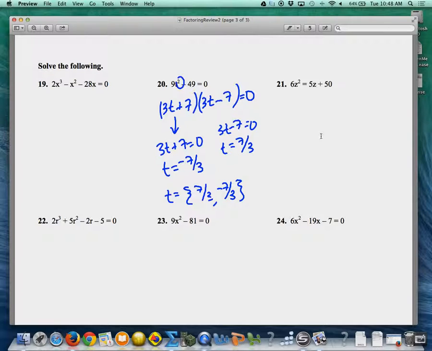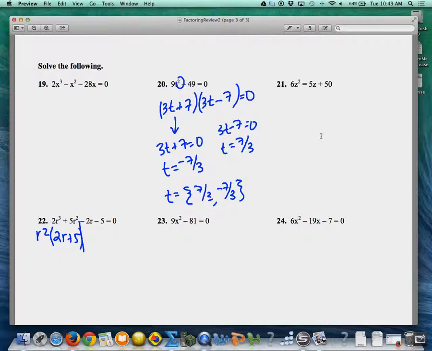If there's 4 terms, what should I do? Split it down the middle. What can I factor out of the left side? R squared. And you're left with 2r plus 5. What am I going to factor out of the right side?